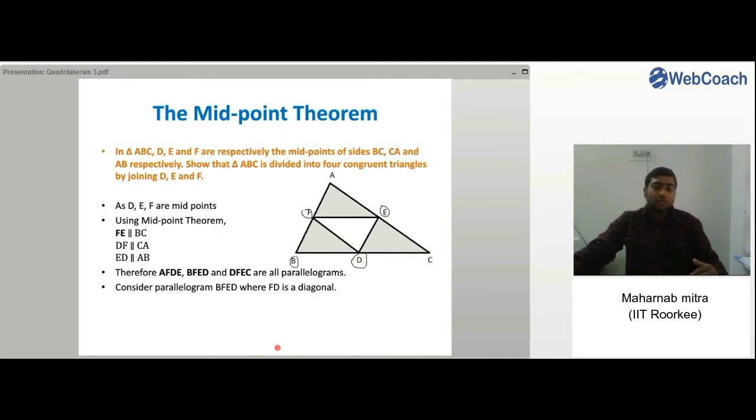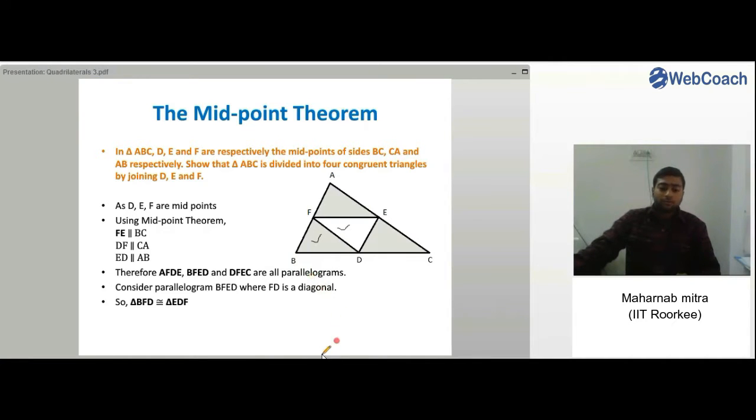And as FD is a diagonal, we can easily say these 2 triangles are congruent to each other, and you should be careful with the naming. BFD should be congruent to EDF, and it should be in the given order, right? Like B should exactly overlap on E, F will overlap on D, and D will overlap on F when the two triangles are separated out.